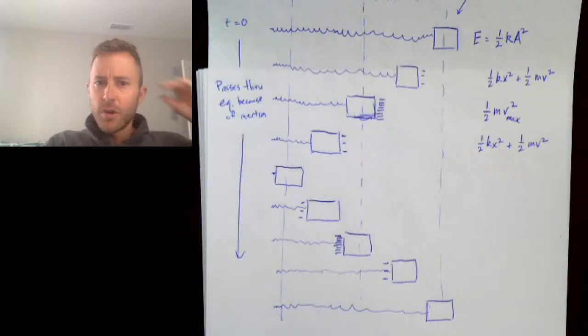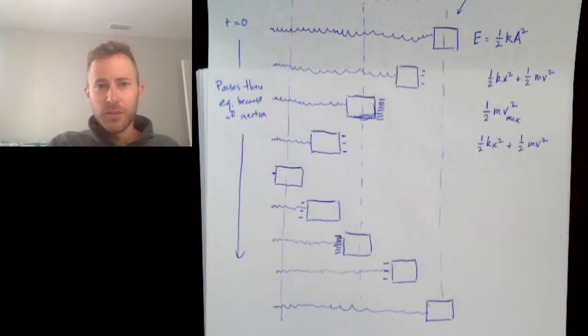There's a really good question in the chat. It says, with this situation, would the amplitude gradually decrease until it reaches equilibrium again? We are considering a completely frictionless simple harmonic motion. So if it's completely frictionless and there's no air resistance, it just keeps going back and forth forever.